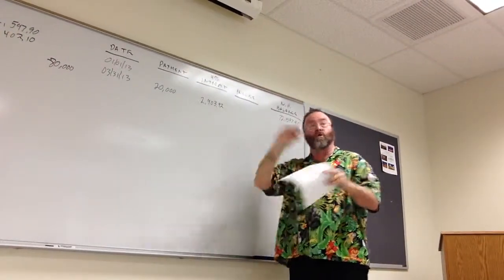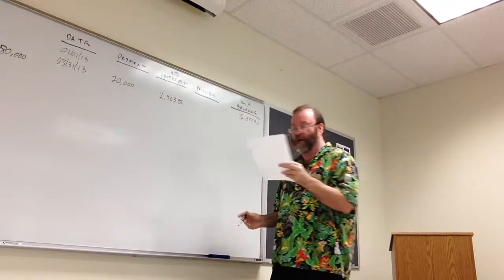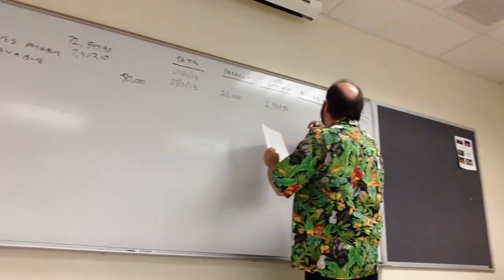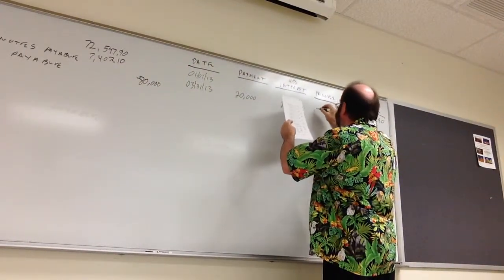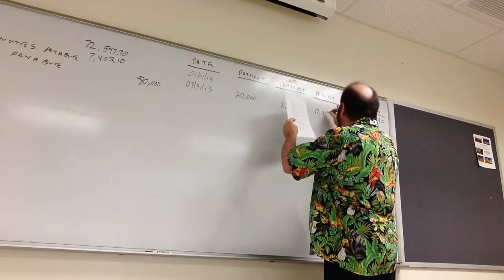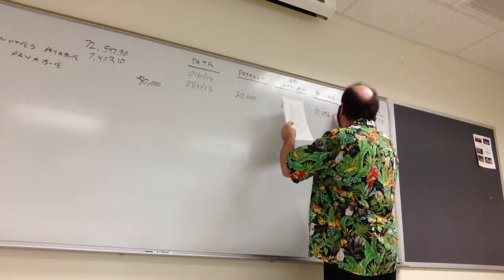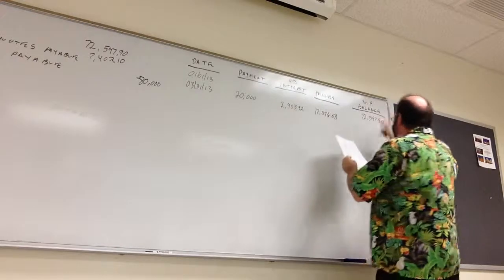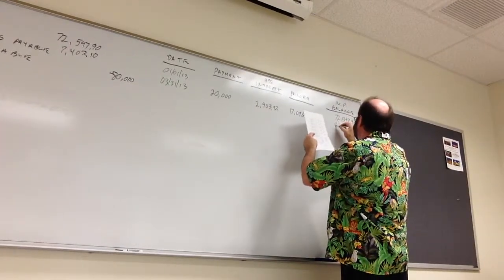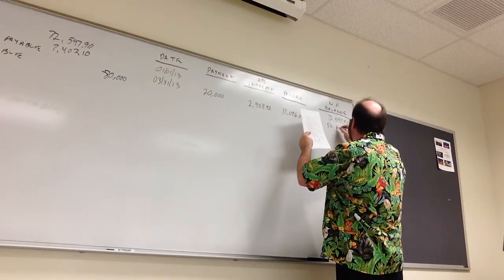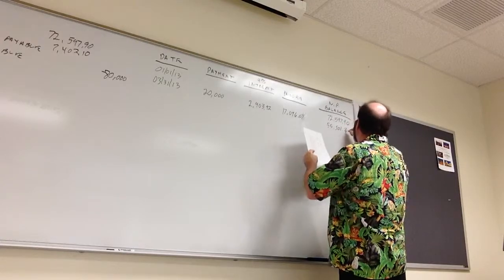Subtract that from the total payment of $20,000, and you're going to reduce this note payable balance by $17,096.08. That brings this down to $55,501.82.